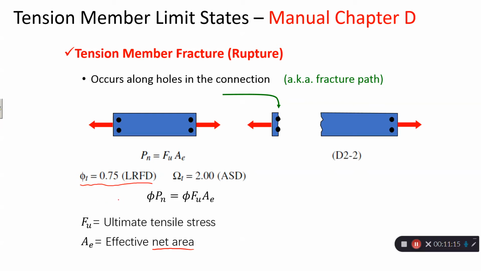Meaning, we learned the reliability factor beta, right? So the failure probability is higher in fracture than yielding. Usually we apply a resistance factor of 0.9 to yielding failure, and 0.75 for fracture failure. That's pretty common.